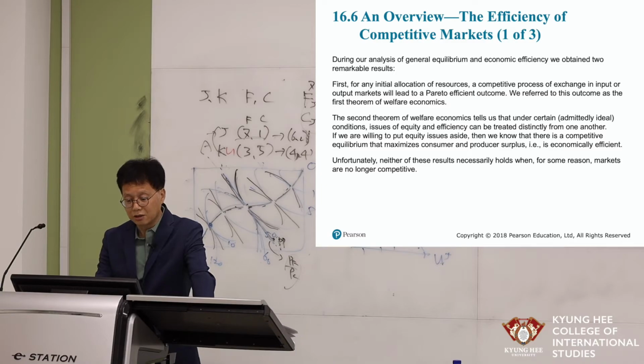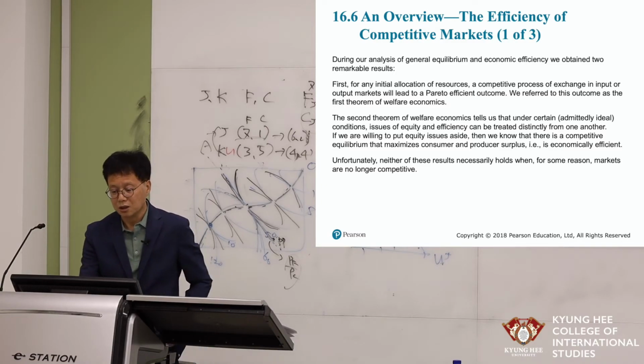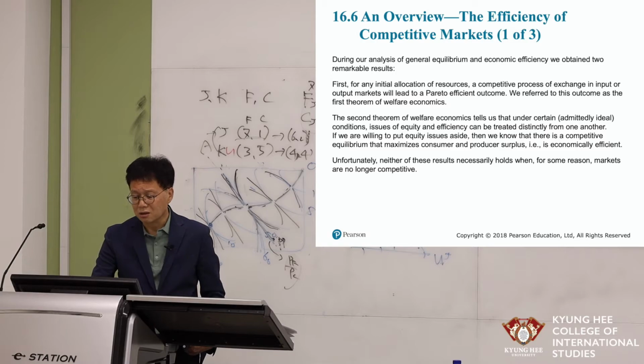And the second theorem of welfare economics tells us that under certain conditions, admittedly ideal, issues of equity and efficiency can be treated distinctly from one another. If we are willing to put the equity issue aside, then we know that there is a competitive equilibrium that maximizes consumer and producer surplus and is economically efficient. That is the idea of Adam Smith's market economy, isn't it?